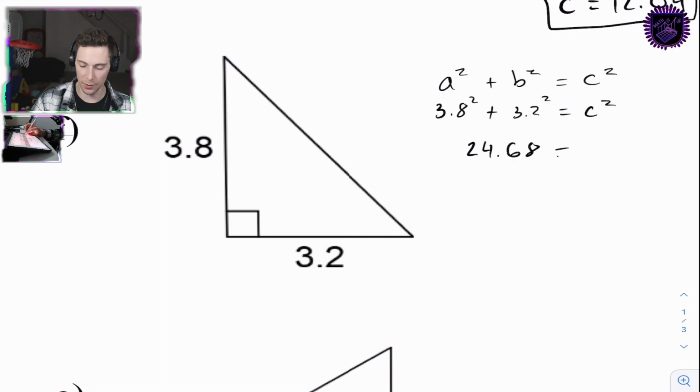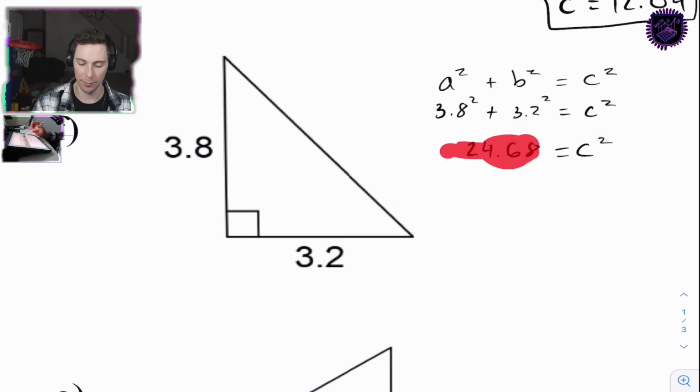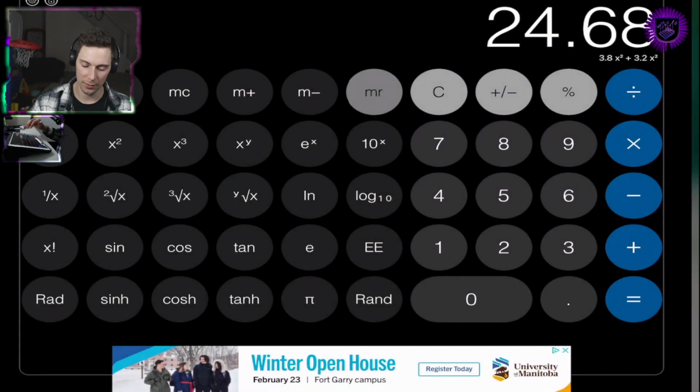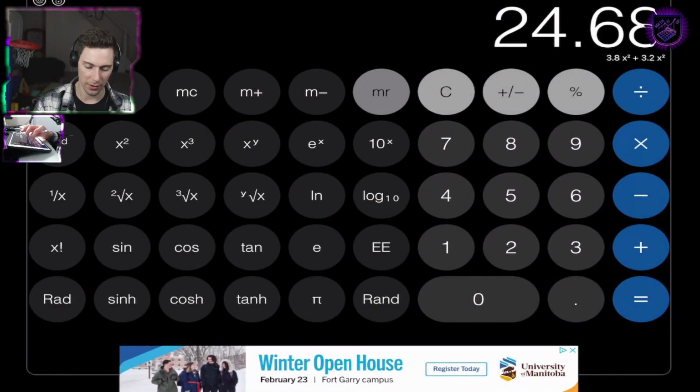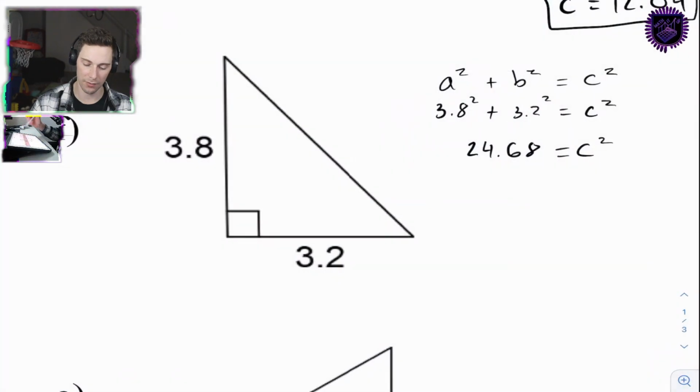24.68. So if you noticed, what I did there was I immediately took these two, squared them, and added them on my calculator. So I'm kind of saving a writing step here and jumping straight to my combined squares, which is totally fine, especially when you have a nice calculator. Square root gives 4.96.